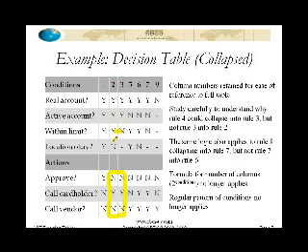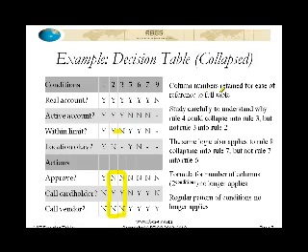Collapsing 2 and 3 would seem to be okay at first, but it would also create a situation where the resulting rule, which would be yes, yes, dash, dash, would also collide with rule number 1, and that would destroy the operability of the decision table. That would not be a happy circumstance, so we don't want that to happen.